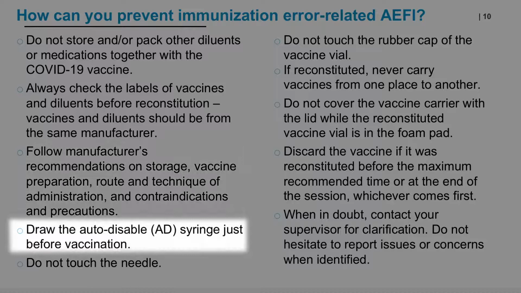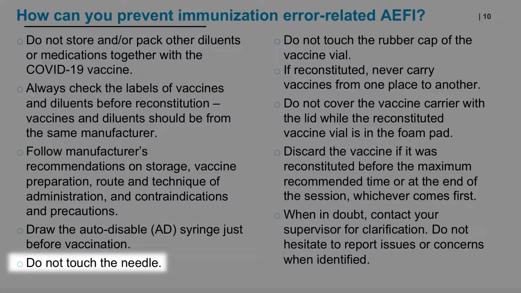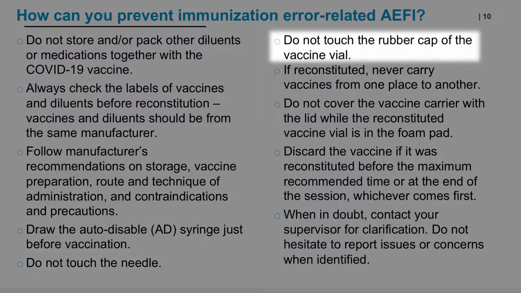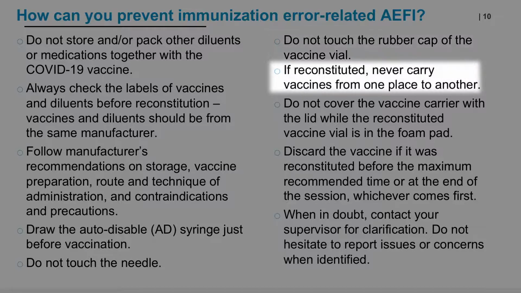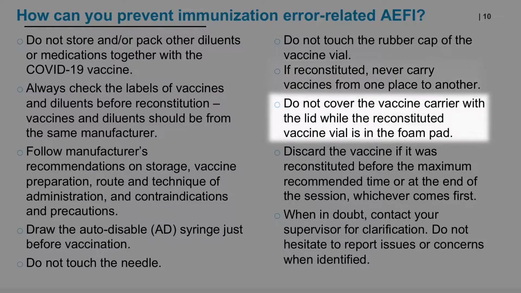Draw the auto disable syringe just before vaccination and do not touch the needle. Also remember that you should not touch the rubber cap of the vaccine vial. If reconstituted, never carry vaccines from one place to the other. Do not cover the vaccine carrier with the lid while the reconstituted vial is in the foam pad.